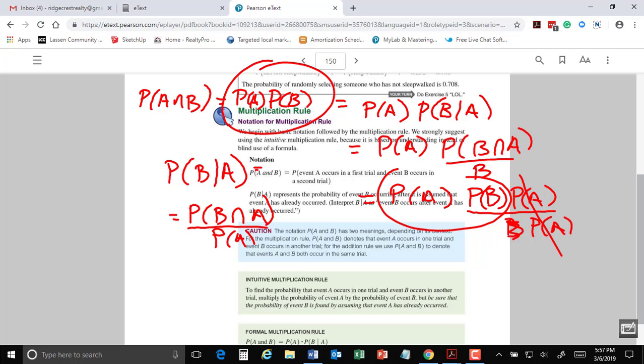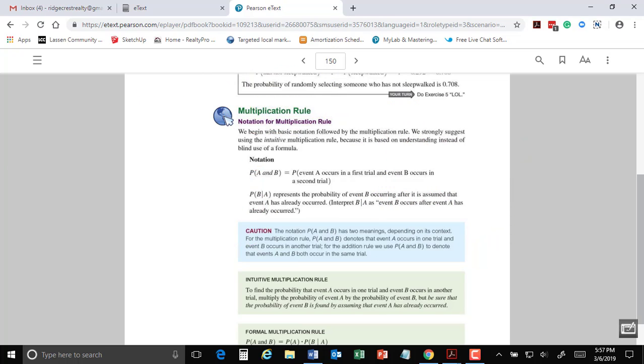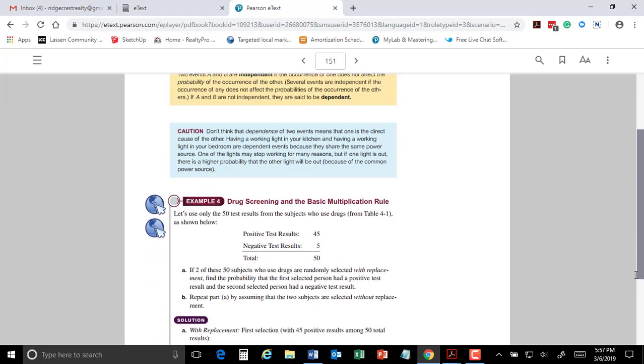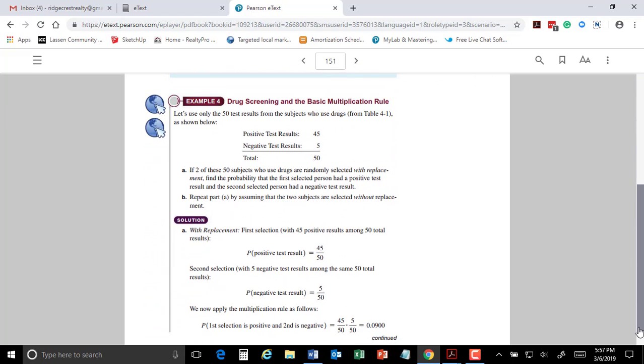If they come out to be different, that means this is conditional probability. Let's try some concreteness so that you can see what I'm talking about. We talked about negative and positive results.